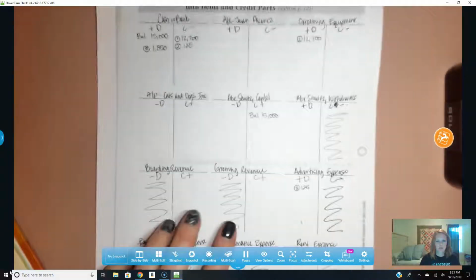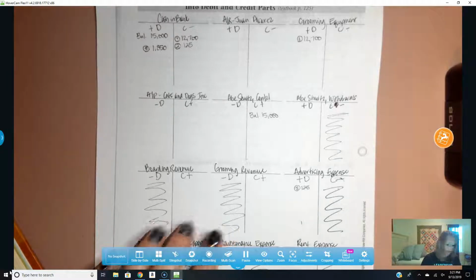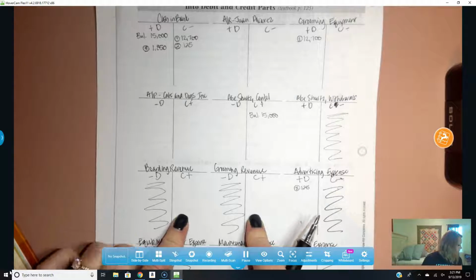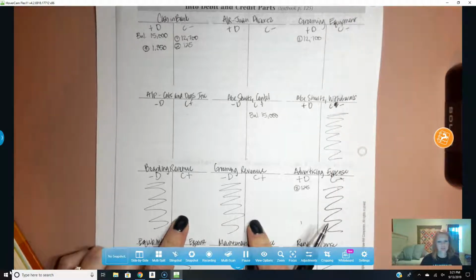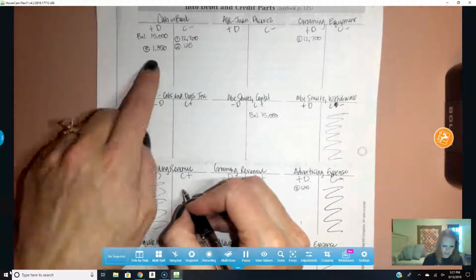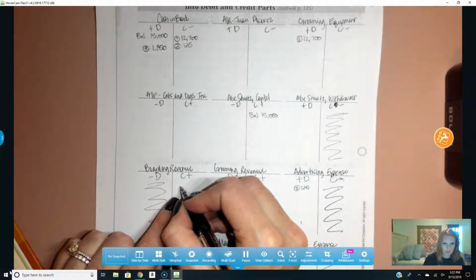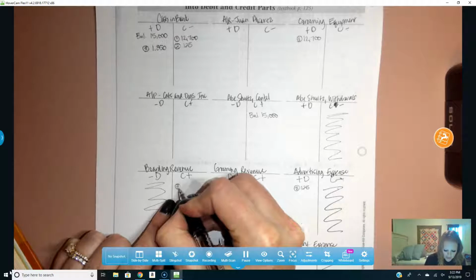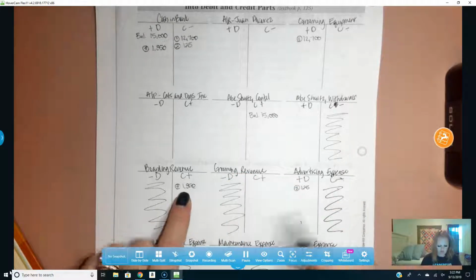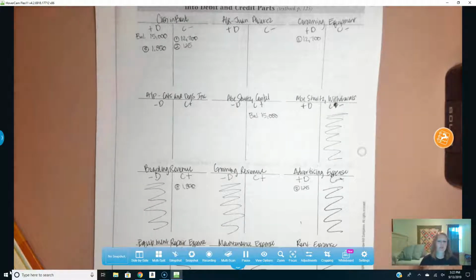And we received money, so that's always going to go into a revenue account. And in this scenario, we have to determine which revenue account we're going to be using. And it says it's for boarding services, so I'm going to put that under boarding revenue. And again, we debited cash in bank, so we know that we need a credit to go along with that, and we know that we're always going to be crediting our revenue accounts. We're always going to be increasing those.